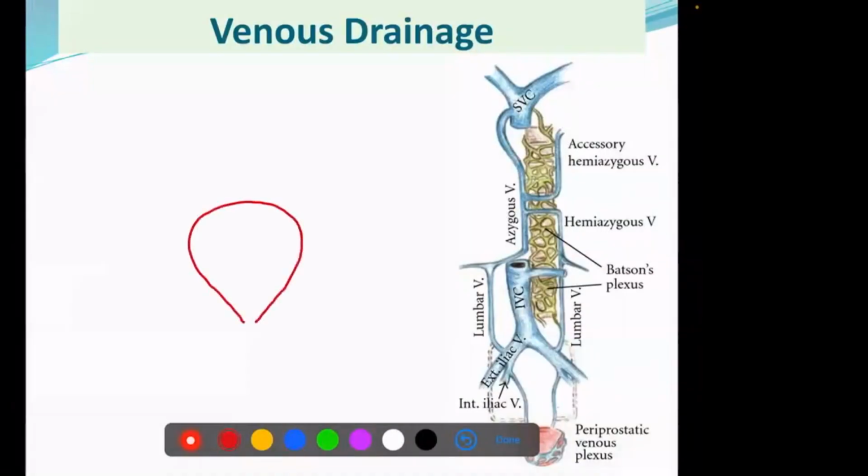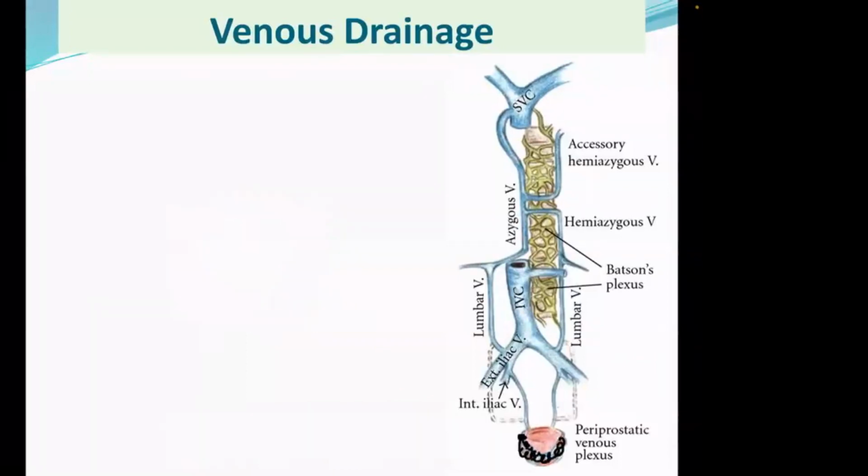This is the prostate. This is the true capsule. This is the false capsule. Just outside the prostatic capsule, there are a lot of veins of the venous plexus, right? See here in this picture, these are the venous plexus around the prostate.